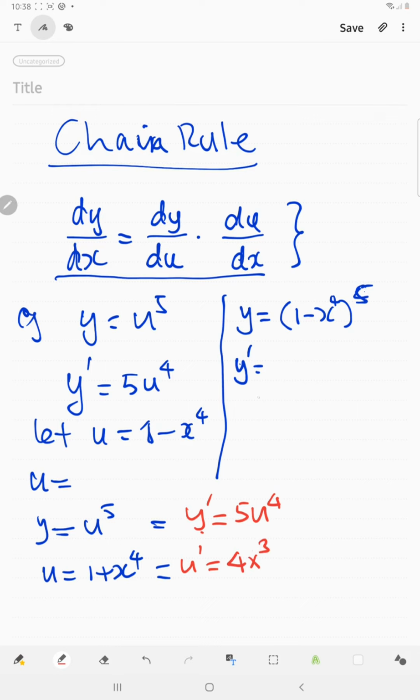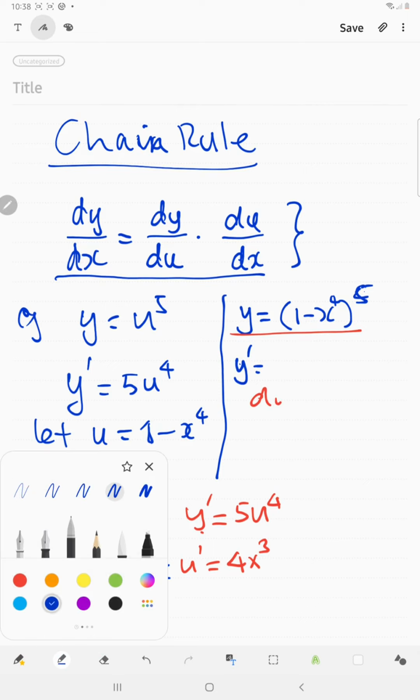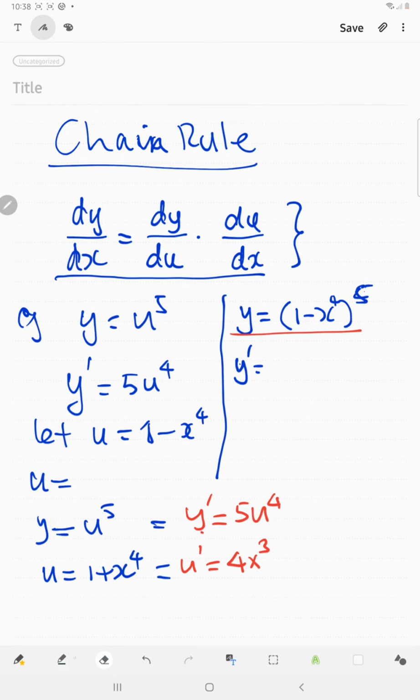So if we now want to differentiate that one, dy/dx is equal to dy/du multiplied by du/dx.